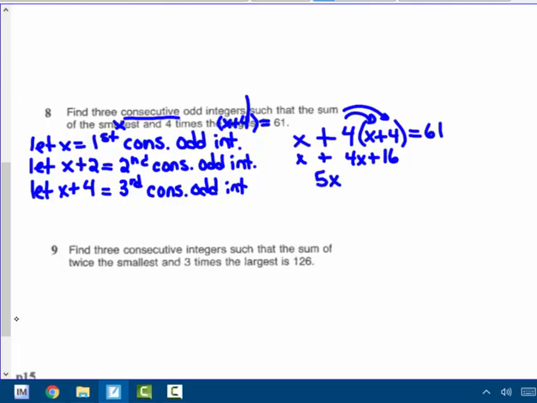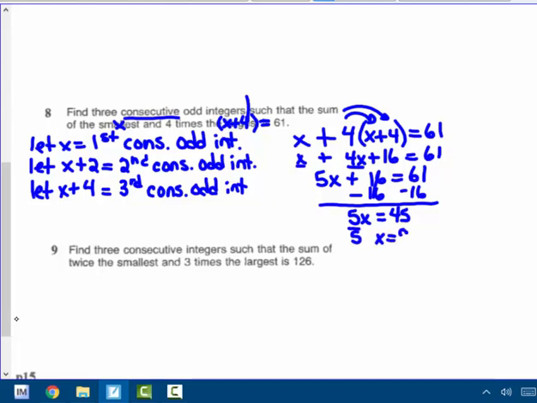There's my like terms. So I have 5x plus 16 equals 61. I'm going to subtract 16 on both sides, and I get 5x equals 45. And when I divide by 5, I get x equals 9.